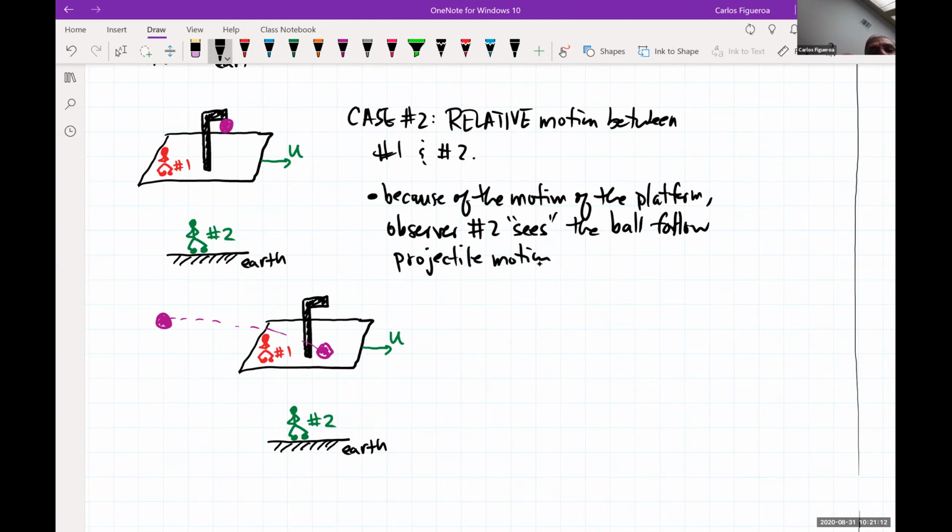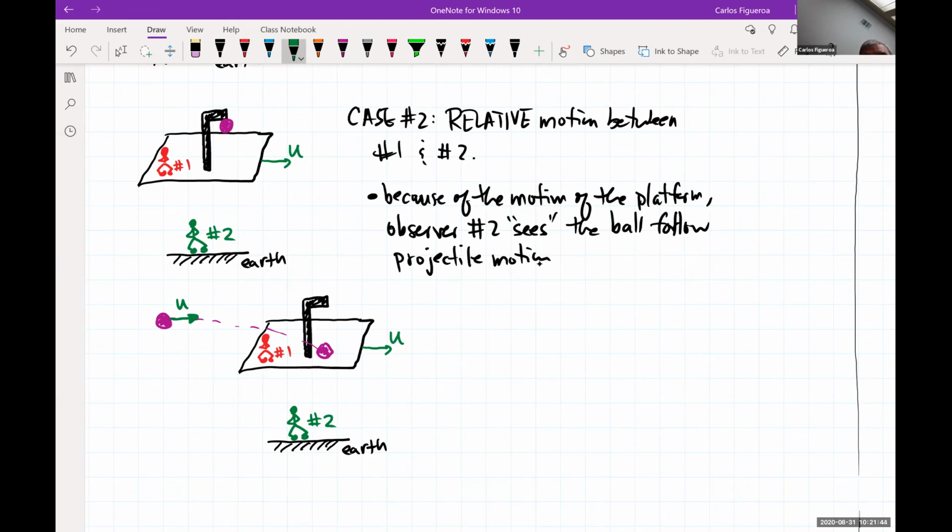So why does it follow projectile motion? Because even though the ball started at rest in the frame of the platform, according to observer 2, the ball continues to move at the same speed as the platform because of Newton's first law. And then the force of gravity acts on it and gives it that curved trajectory that we all know and love.